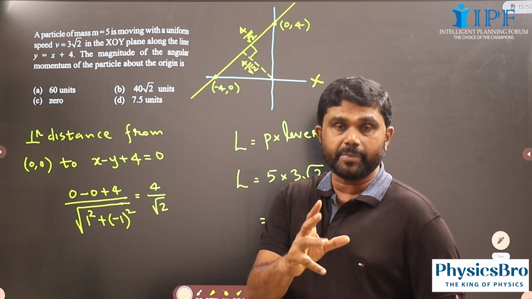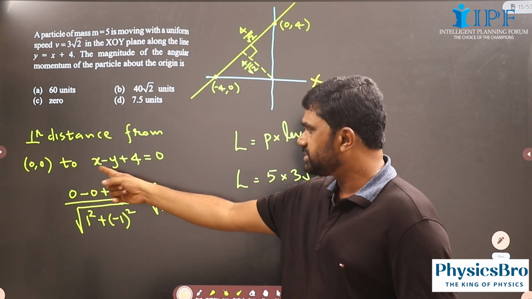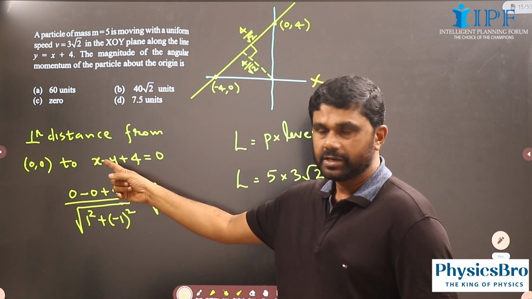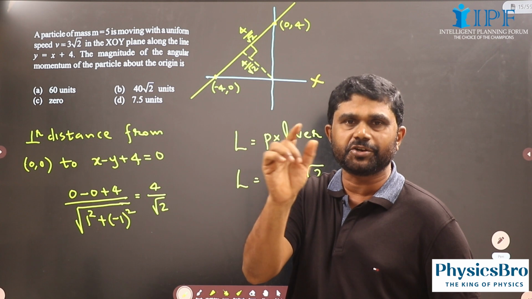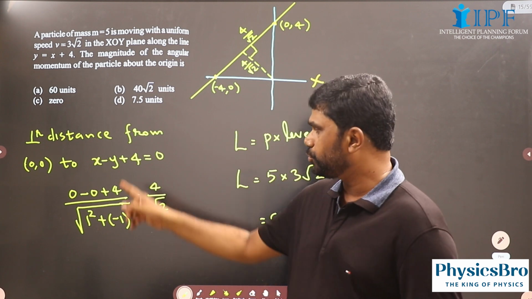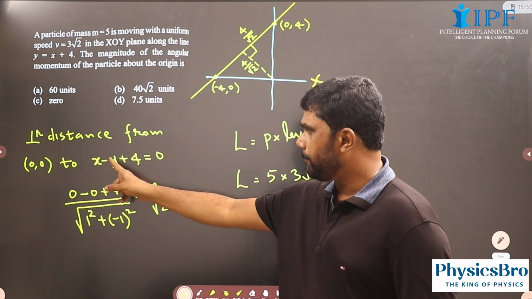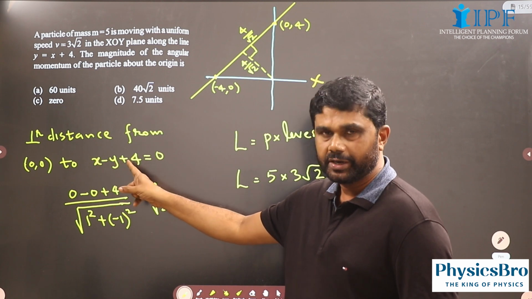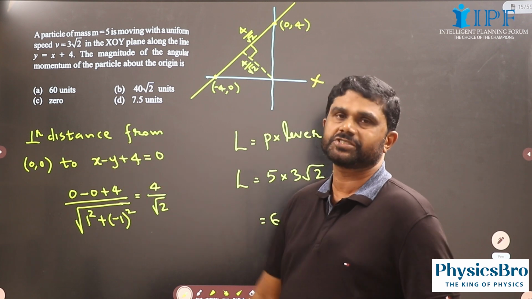If you have studied mathematics, you must be knowing that if this is the equation of a straight line, and if you want to find the perpendicular distance from say x1 y1 to this line, what would be that perpendicular distance? x1 minus y1 plus 4 divided by root of 1 square plus minus 1 square.